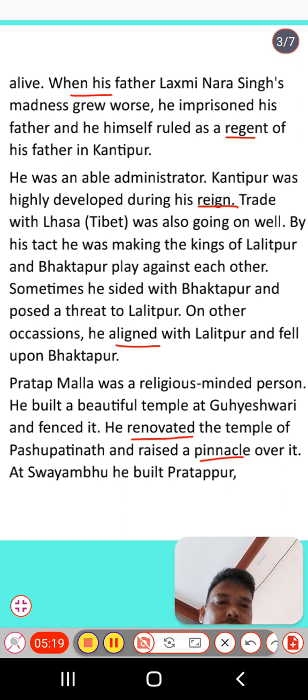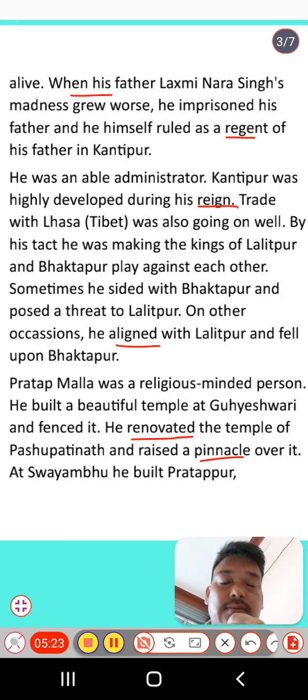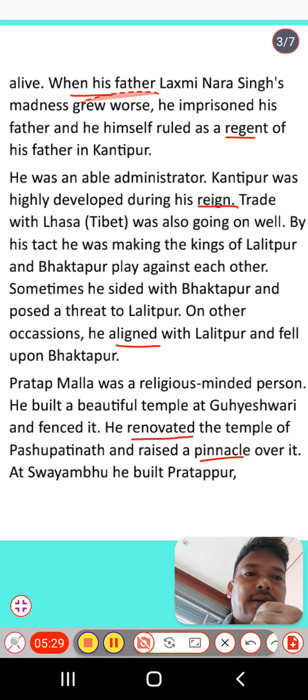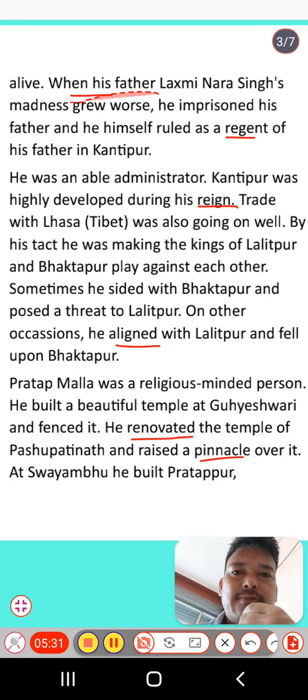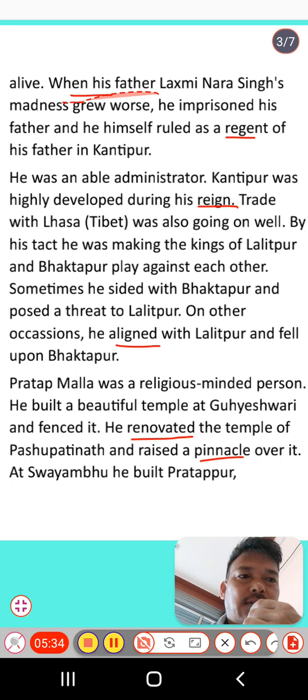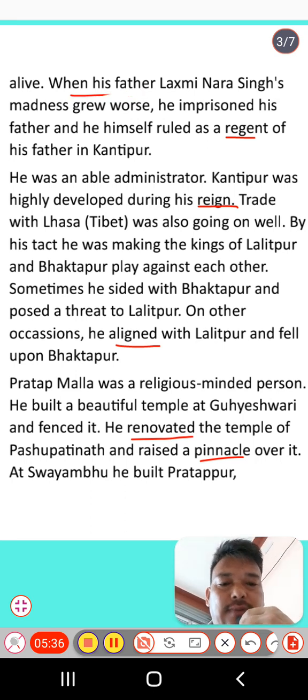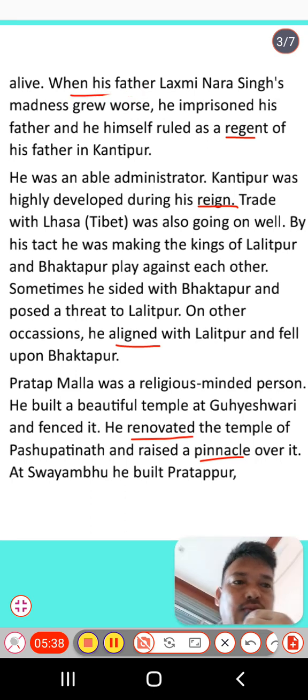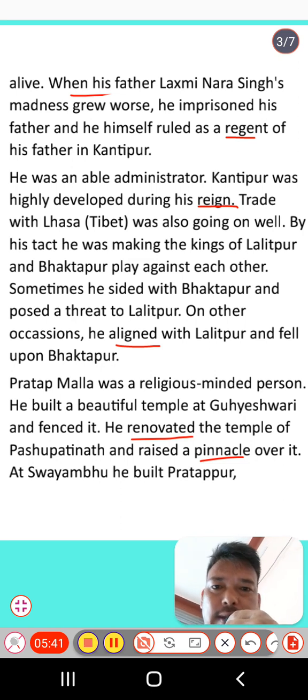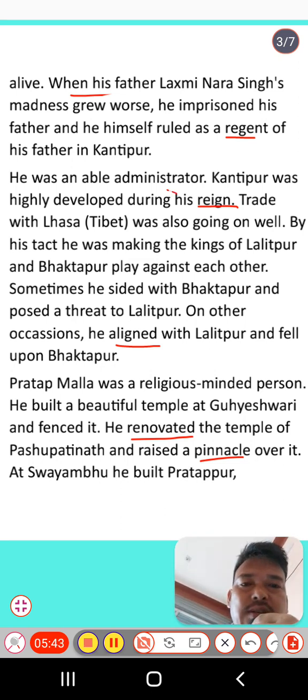Students, he had the best knowledge of administration. Even while his father was alive, when his father became insane, he sent his father to jail, and he ruled in Kantipur. He was an able administrator.